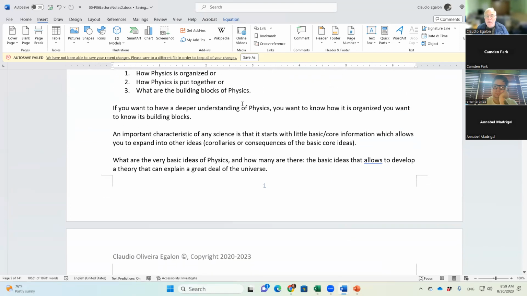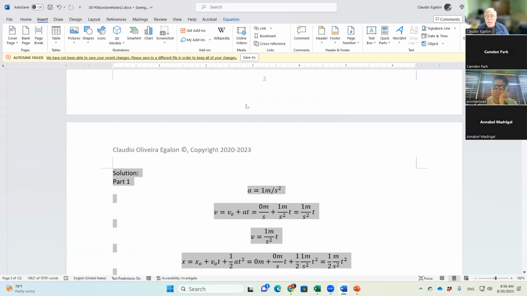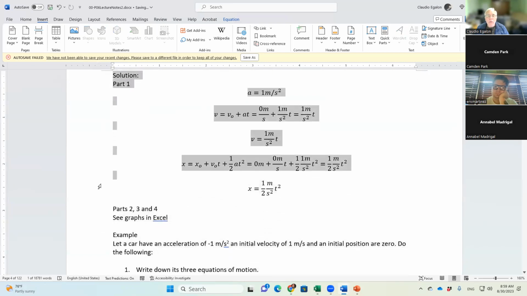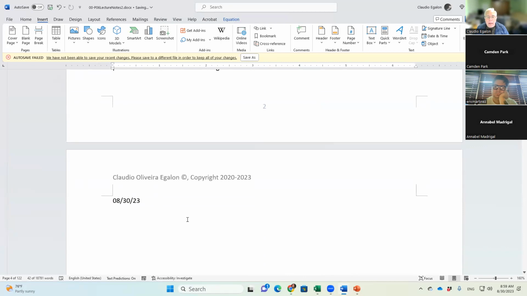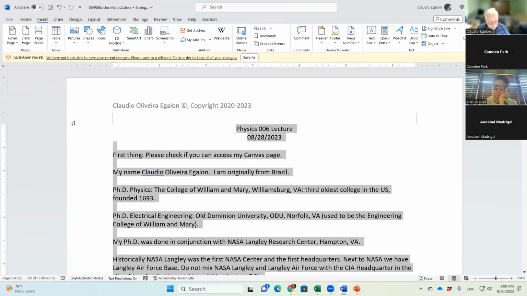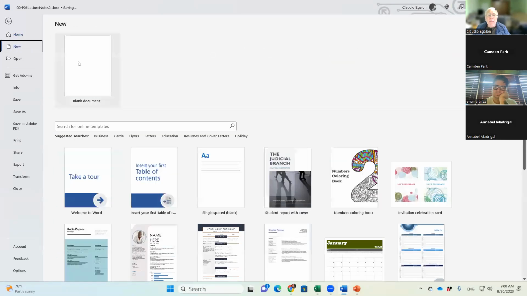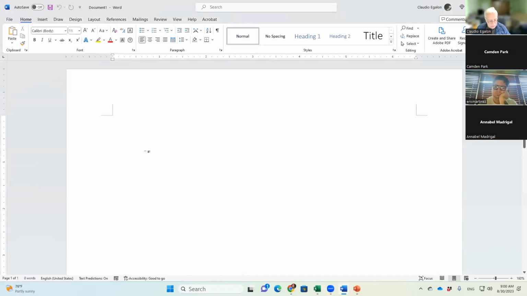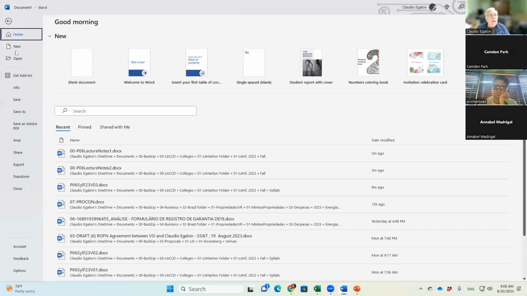Maybe it was too much for it to delete. I'm going to do better than that. Instead of deleting all that stuff, I'm going to copy that into a new document. Every now and then, I do not know why Microsoft Word is doing that to me. Now it would be easier to do that.